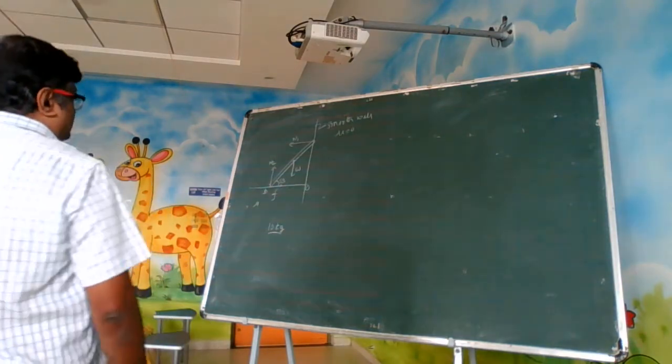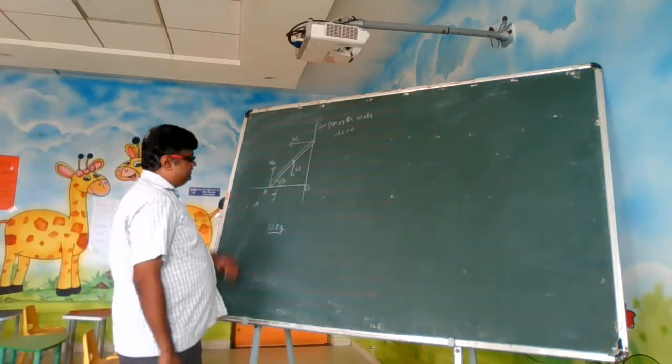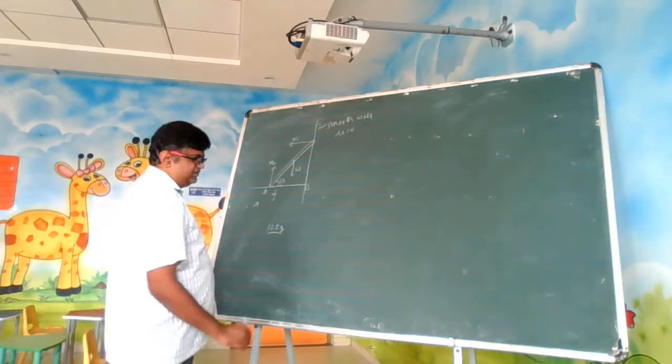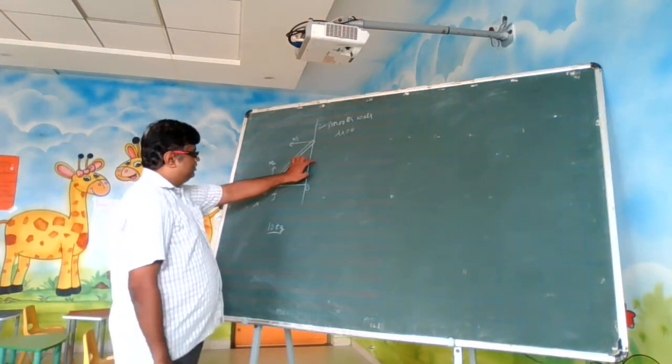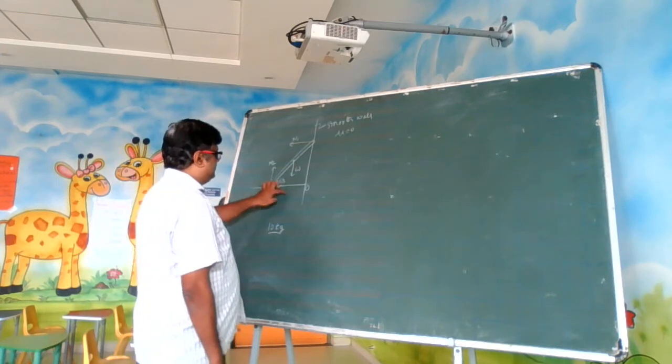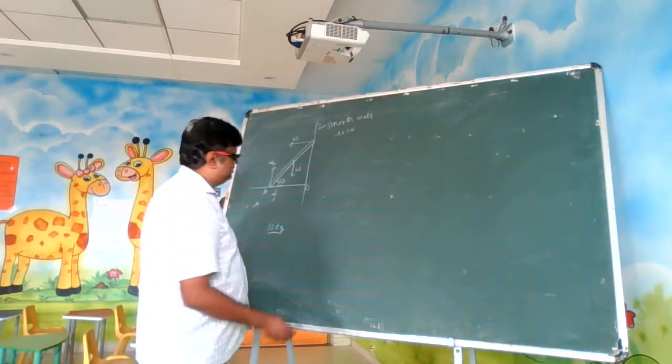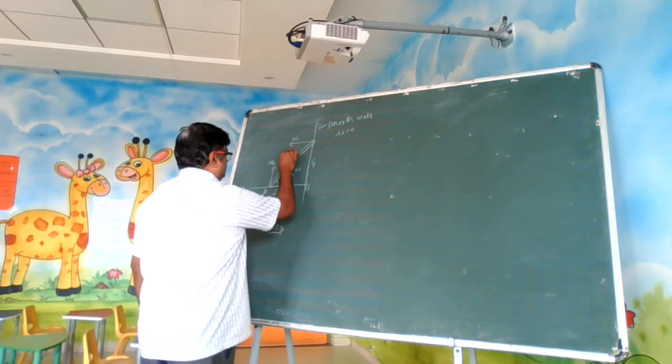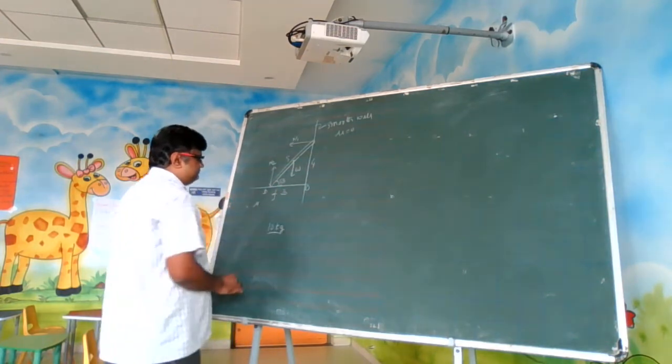Ladder length is not given, only this angle 53 is given. So if 53 is given, we know this is 4, 5, 3. Or you can say 4L, 3L, 5L. It doesn't matter. So we'll say this is 4, this is 5, and this is 3.